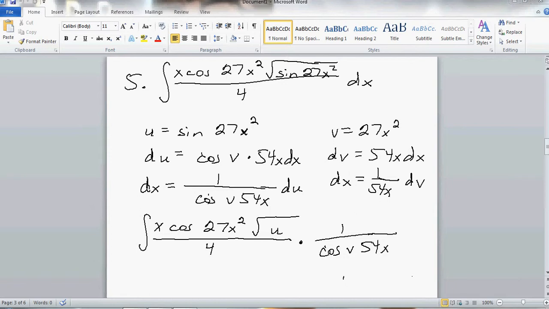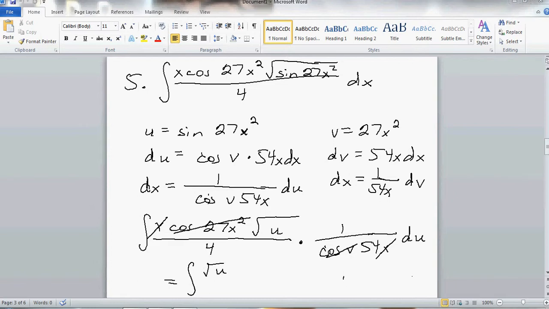So what happens is this x here cancels with this x here. This cosine of 27x squared here cancels with this cosine of 27x squared here. And remember that at this stage, all my x's need to go, and they are finally all gone, and it boils down to this relatively simple problem.